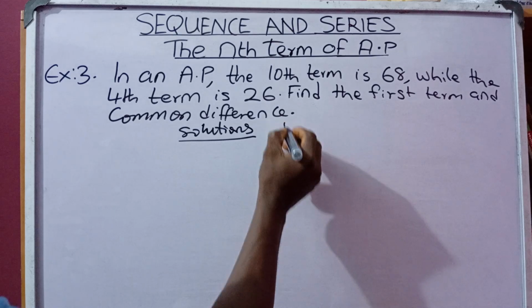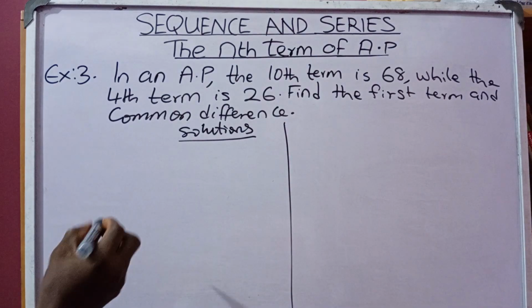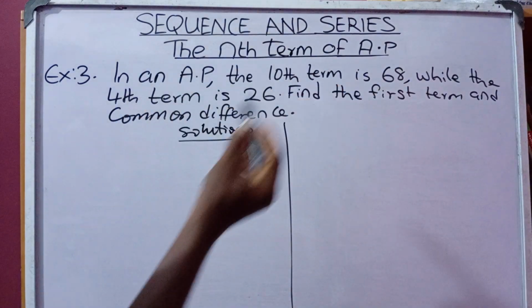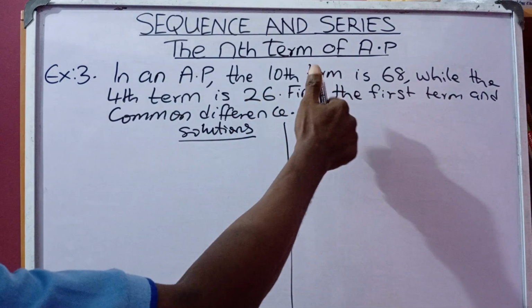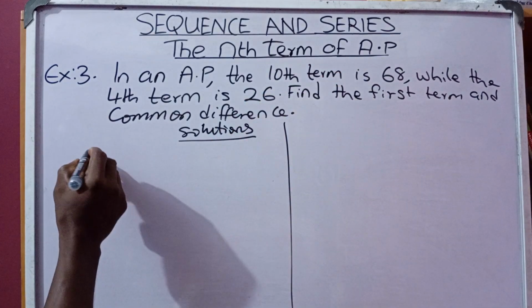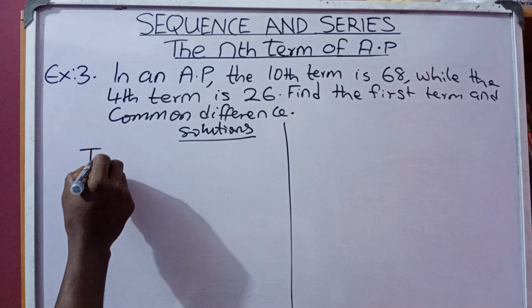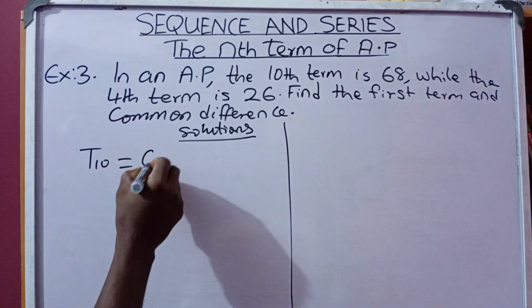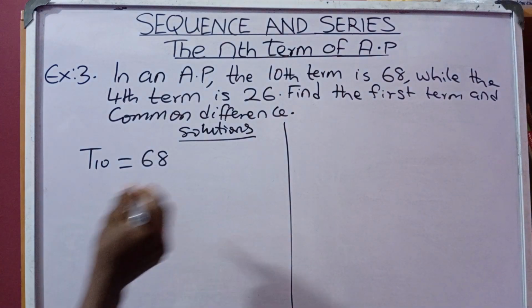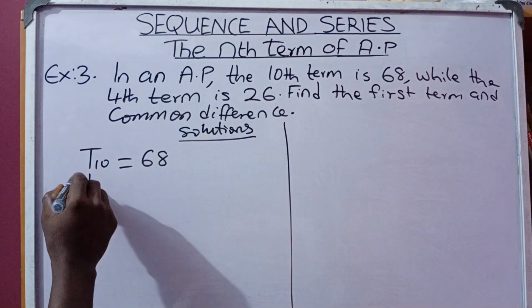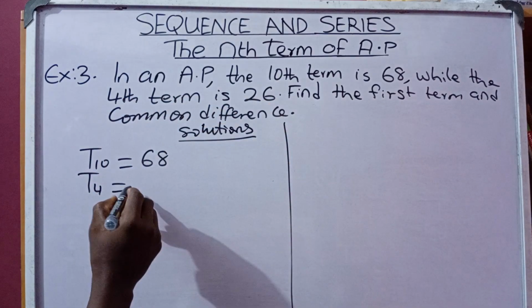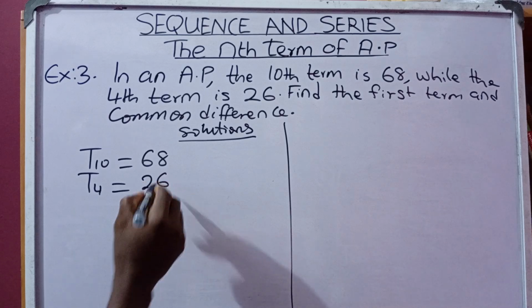All right. To get this, we have to follow the statements the way it's being stated. The 10th term of an AP is 68. We put it like this. T sub 10 is equal to 68. While the 4th term is 26. T sub 4 is equal to 26.